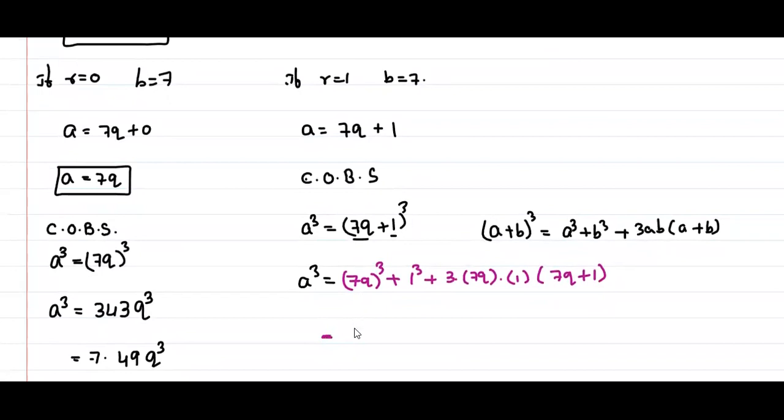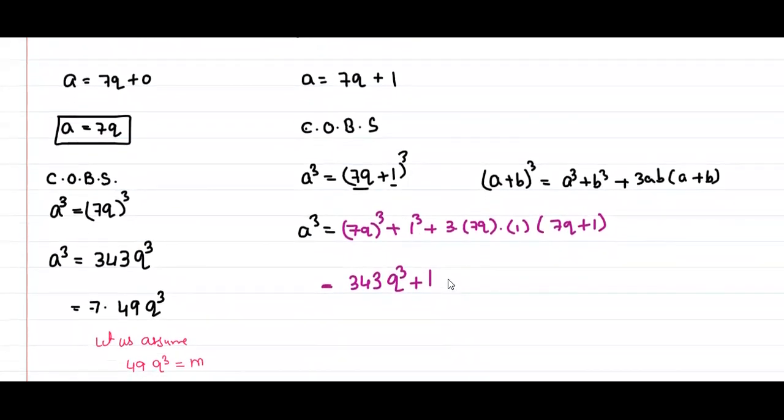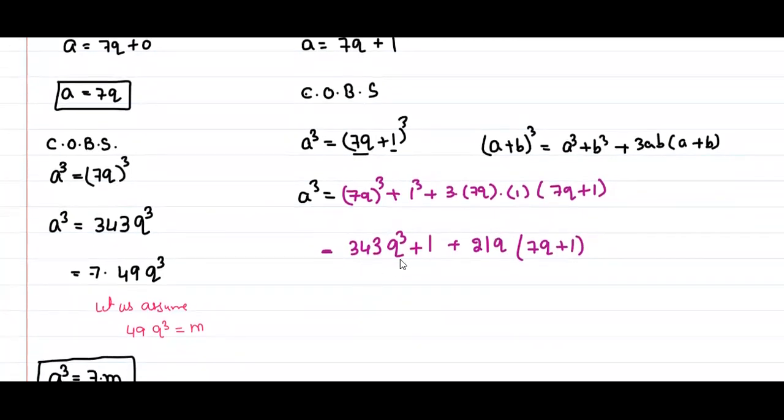Here we can write it as 343q cube plus 1 plus 3 into 7, which is 21q, into 1, is 21q only, times 7q plus 1. Now take 7 common from the first term and this term.